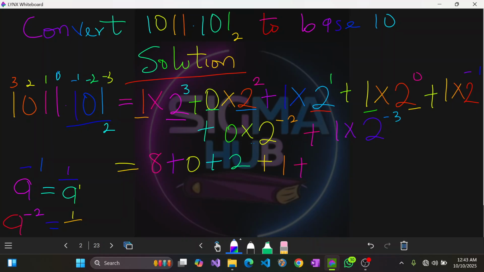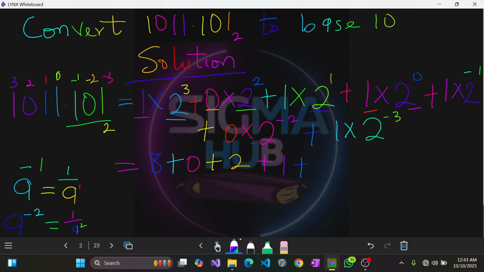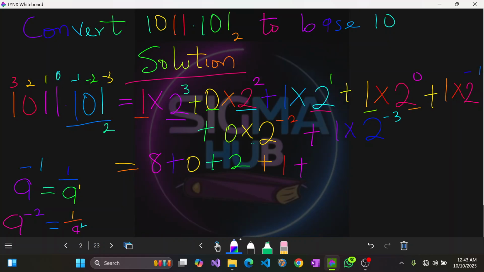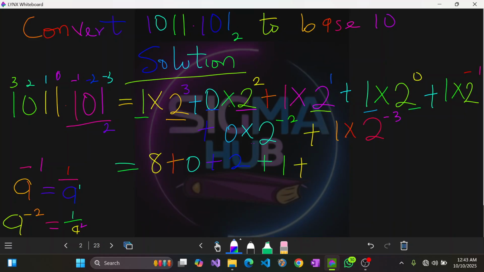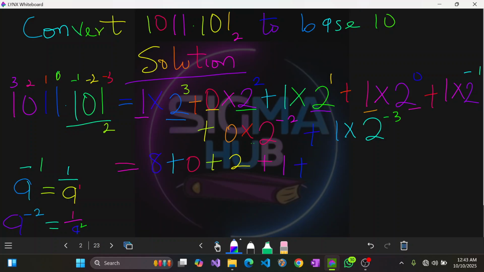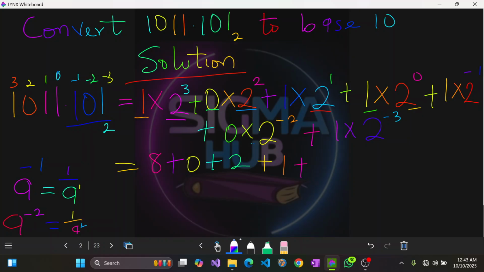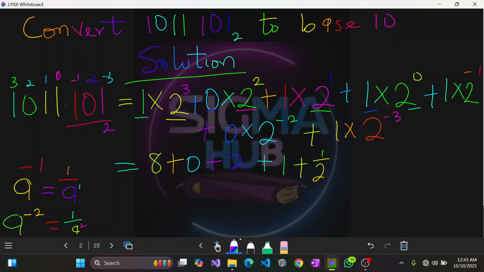So in a situation like this, 2 raised to the power of -1 means 1 over 2 raised to the power 1, because of the negative among the powers. Anything times 1 still remains that thing. So we have plus 1 over 2 raised to the power 1.